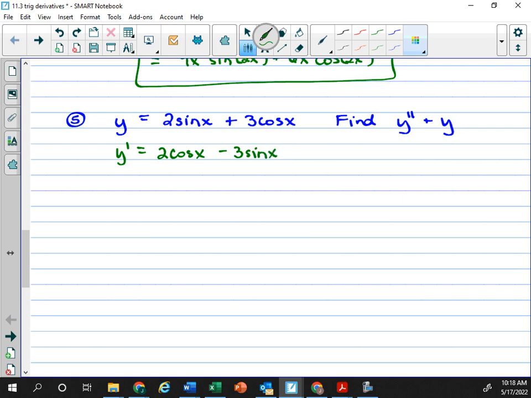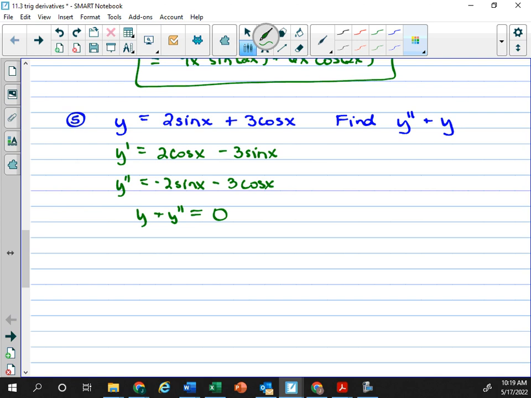Not exactly the hardest derivative ever to find. Okay, then y double prime. Derivative of cosine is, so we have negative 2 sine of x. Derivative of sine is cosine. So y plus y double prime would be 0.